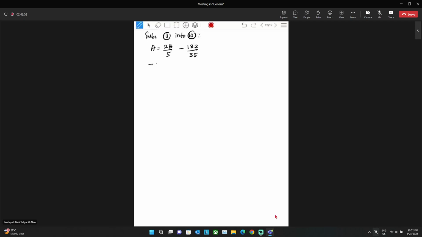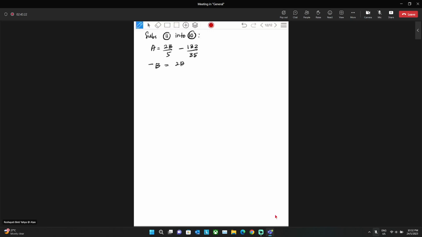2B. So, equalize the denominators. Negative B, 2B over 5 minus 132 over 35.